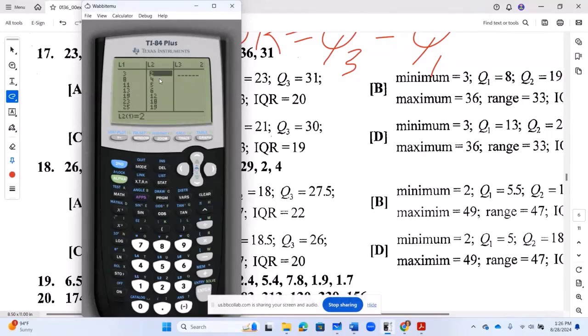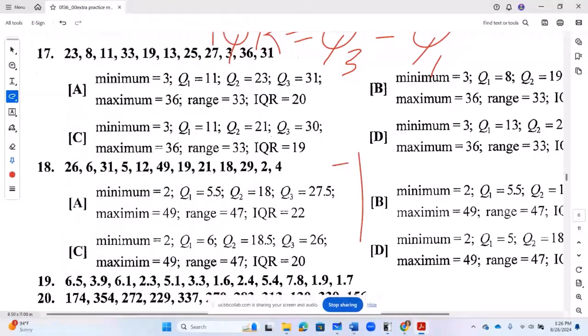Sometimes I take a picture because if I touch the calculator, it's going to close. So I start with 0, 2. The next number is 0, 4. The next number is 0, 5. The next is 0, 6. There's no other number that is 0.